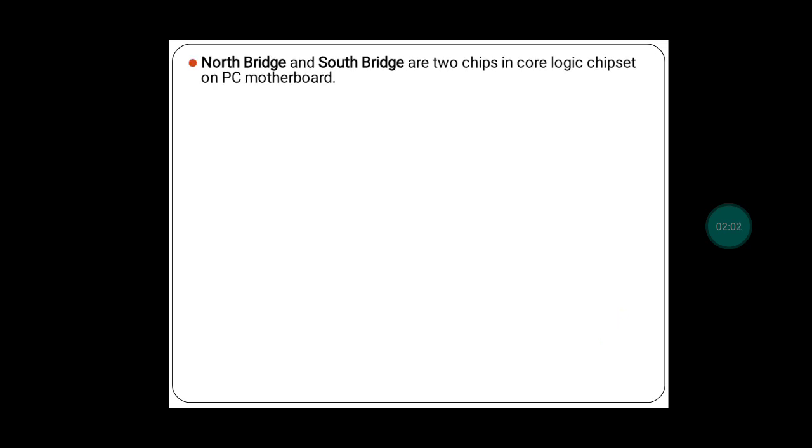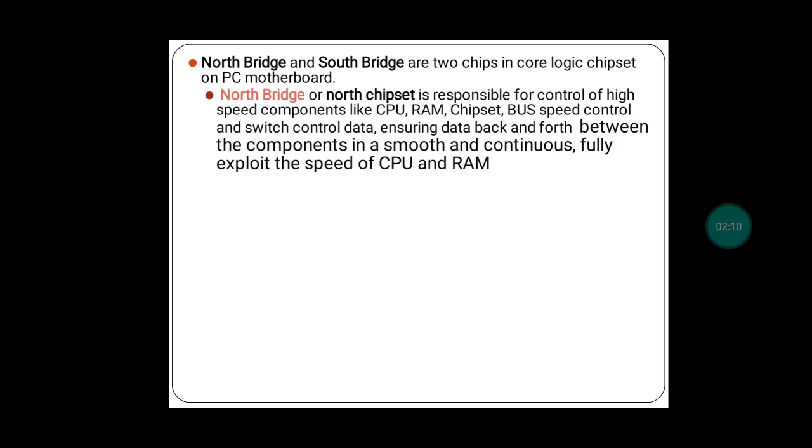North bridge and south bridge are nothing but the two chips which are mounted on the core logic chipset of the motherboard on our computer systems. As I said, a north bridge or a north chipset is responsible for controlling high speed components of the computer such as CPU, memory, other chipset, and controlling the speed of the bus.